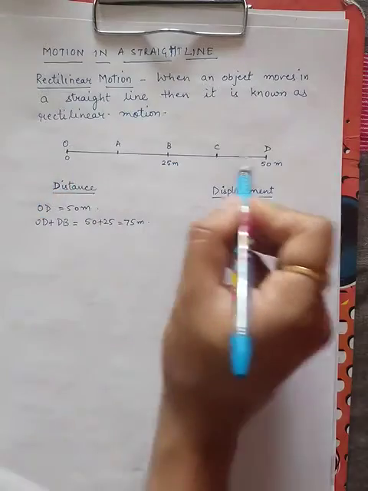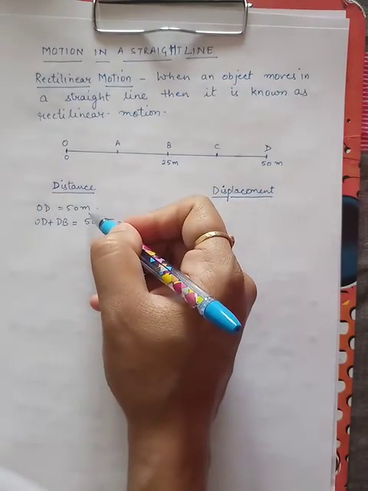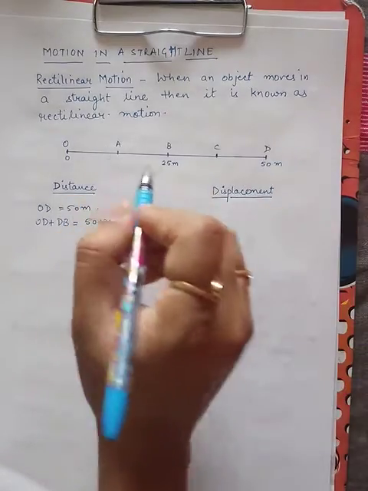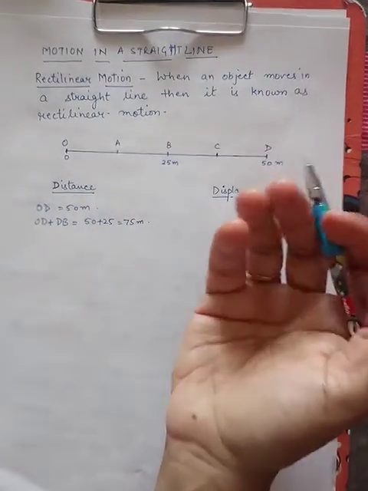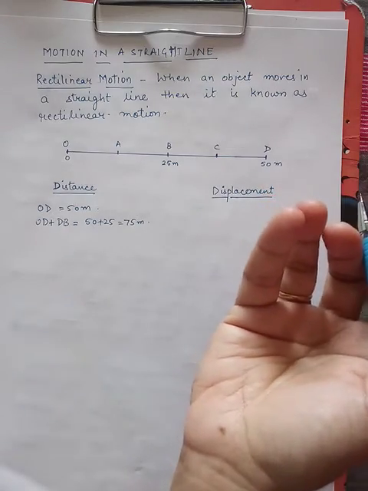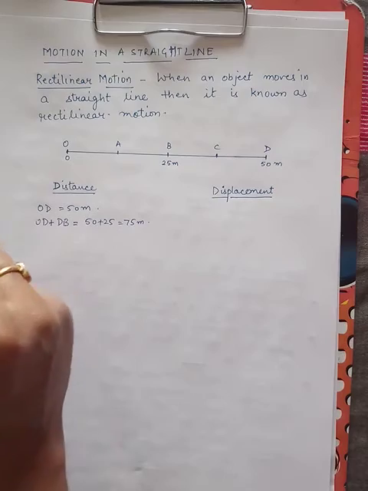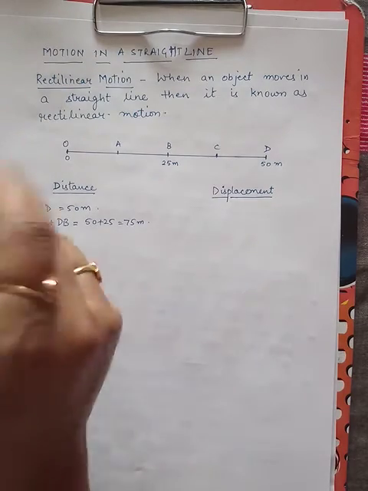So O to D, what is the distance covered? 50 meter, that we have understood. So what is the displacement? We should know the initial and final points for explaining the displacement. Displacement is the shortest distance between initial and final points.